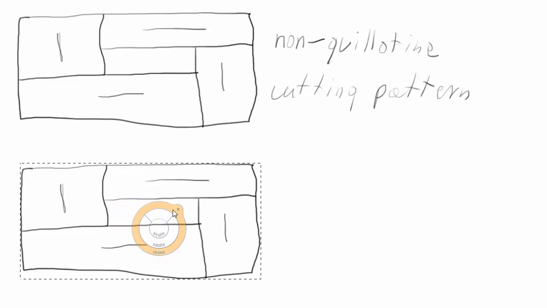To create a guillotine cutting diagram, I need to change it, and probably make this cut here. Imagine that we are actually looking for one piece and two pieces like here.